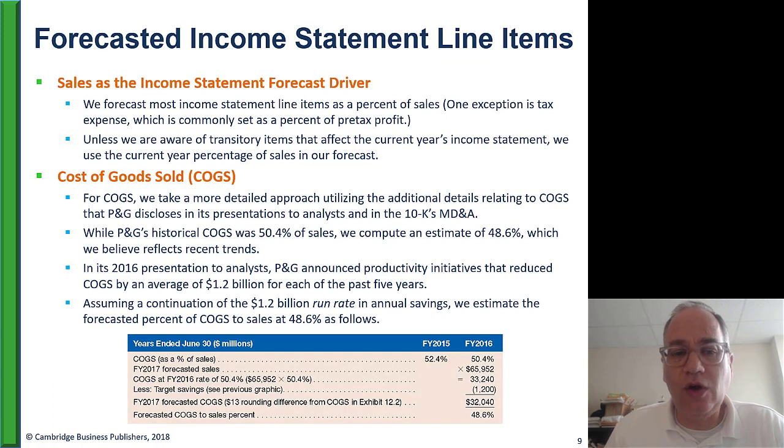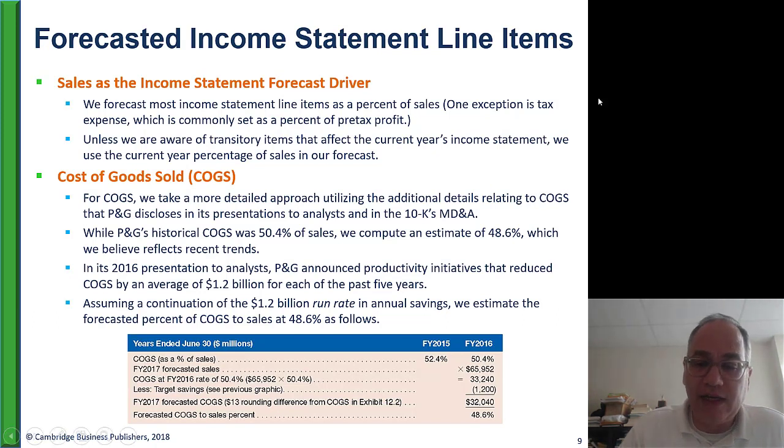So cost of goods sold, you may need to do a more detailed analysis. And in this case, what we did was we looked closely at the MD&A. And historically, cost of goods sold was 50.4% of sales. And they're saying that they think that it's only going to be 48.6% of sales next year.